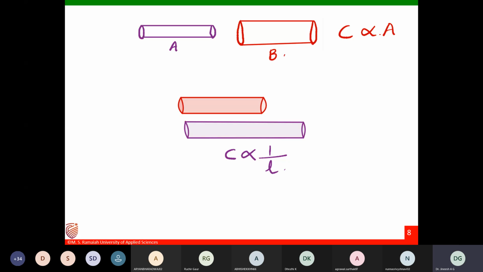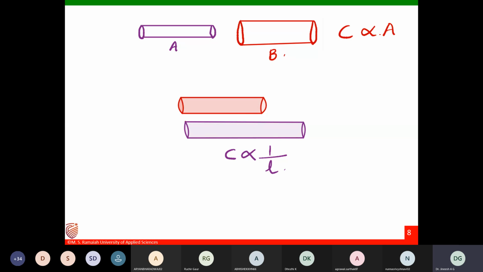Which pipe will give the maximum output of water in a short time? Red or violet? Red. Right. Reason?